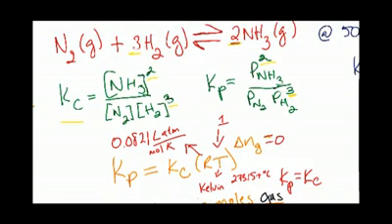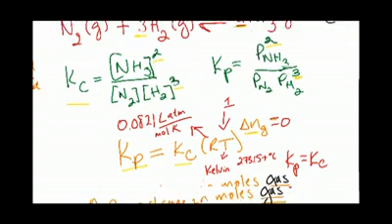And we established that there's a relationship between the equilibrium constants that involves the change in moles of gas using the coefficients of the chemical equation, the gas constant, and the temperature in Kelvin.